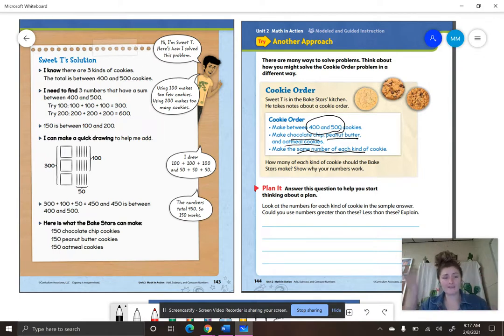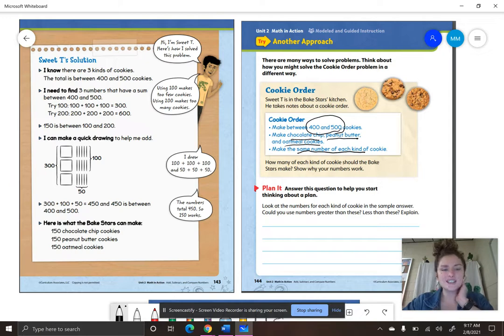We need to make between 400 and 500 cookies. If we tried to do 200 of each, we would have too many. 200 plus 200 plus 200 would be 600. So we need to find a number for each cookie that we can use to get between 400 and 500.